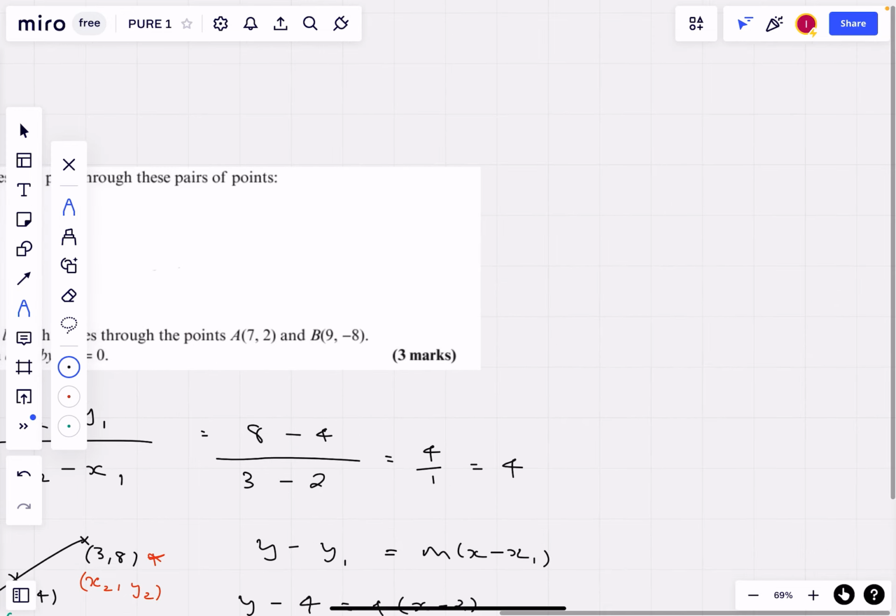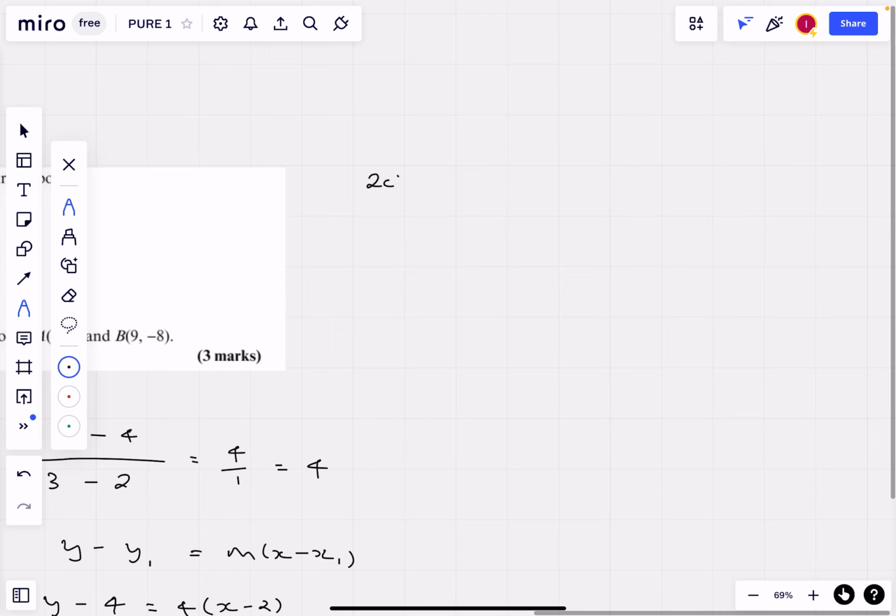So if I do 2C here, m equals 8 minus 0 over 2 minus minus 2. Notice I used a bracket with my negative number. That's going to prevent you from going wrong anywhere, because minus and a minus makes a plus. That's something that you have to be mindful of. So 8 over 4, which is 2.